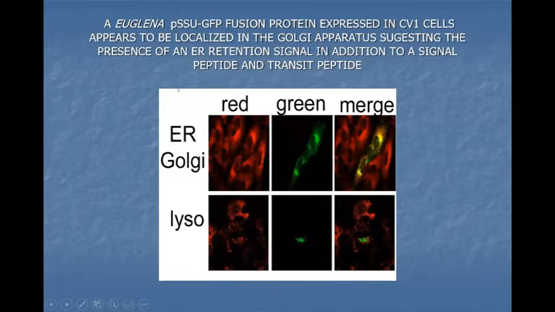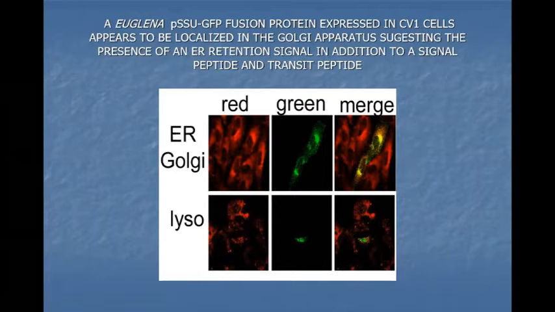Okay, here what we've done is you look at the Euglena pre-sequence models, and they have a signal peptide, what appears to be a transit peptide, and a hydrophobic membrane domain. But what we wanted to see in the data I will present is that these are all universally functional. In this case, what we've done is made a GFP fusion protein where the ER and Golgi are labeled with a dye that stains them red, and we see the GFP fluorescence in green.